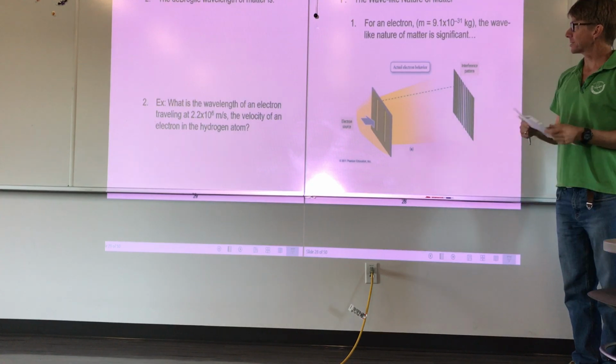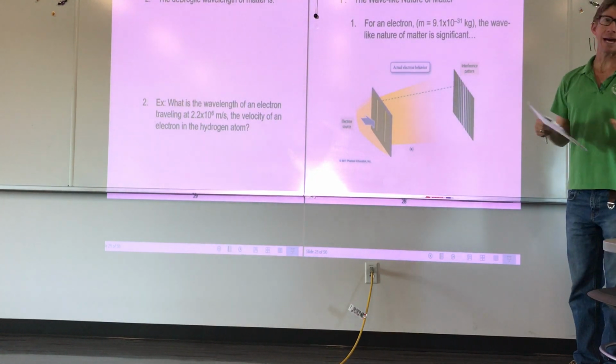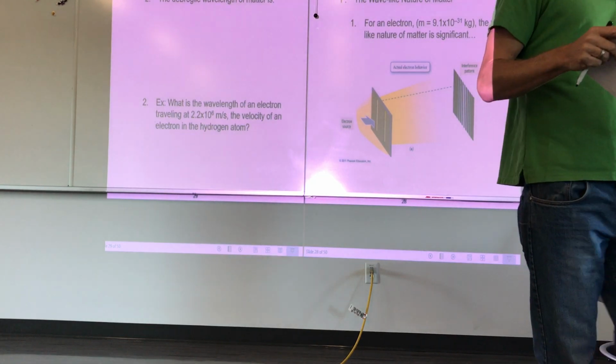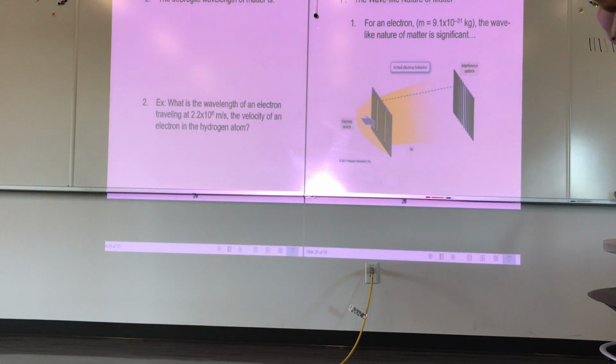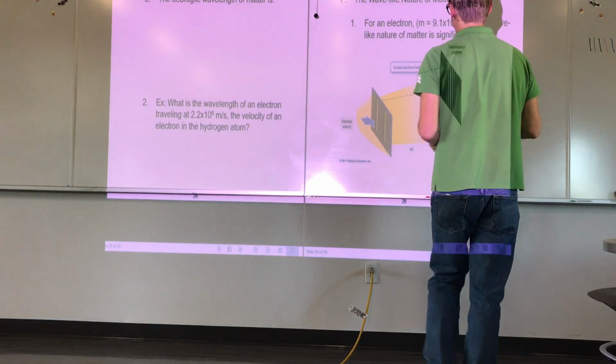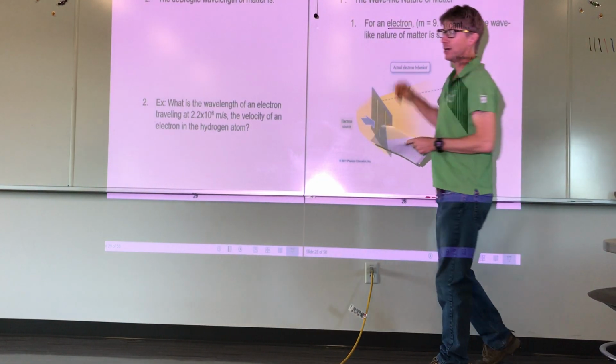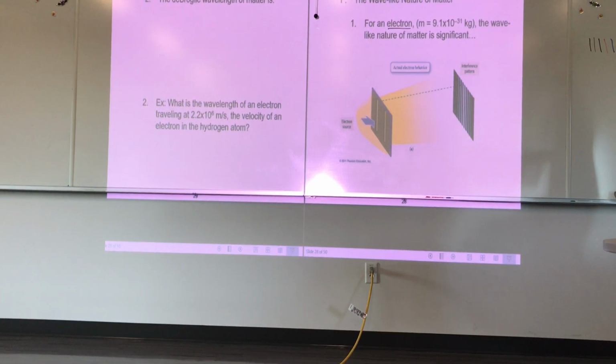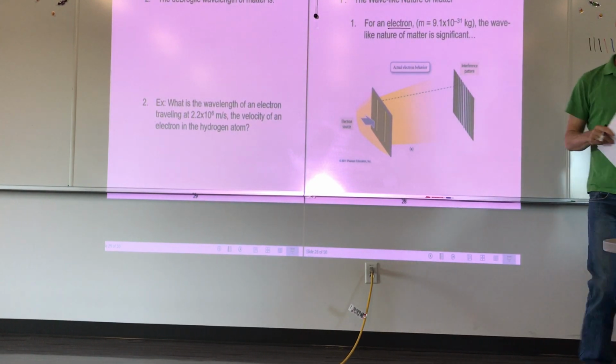We were about to talk about the wave-like nature of matter. We'll see that all matter does have a wave-like nature, but only for an electron is the wave-like nature of matter significant.